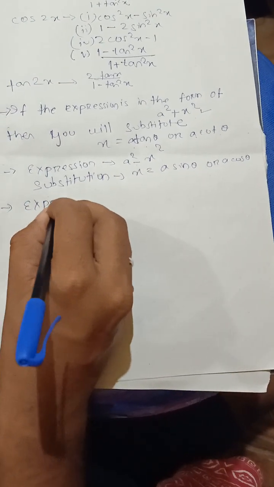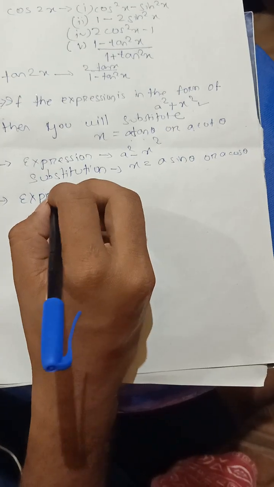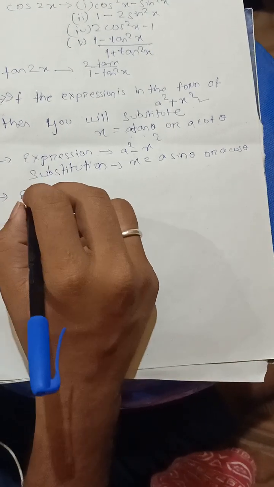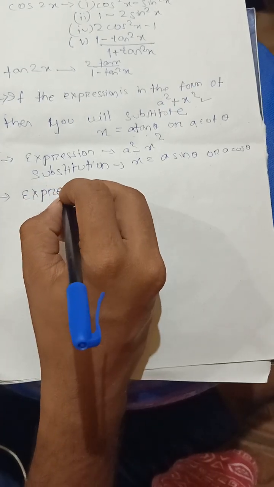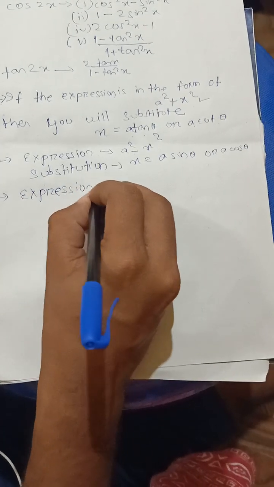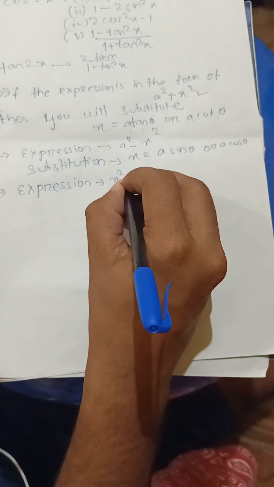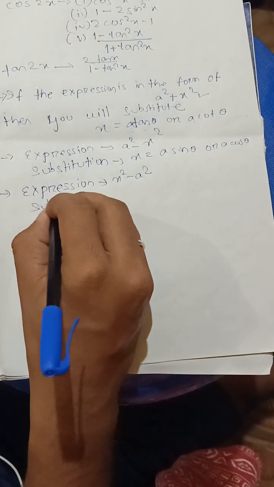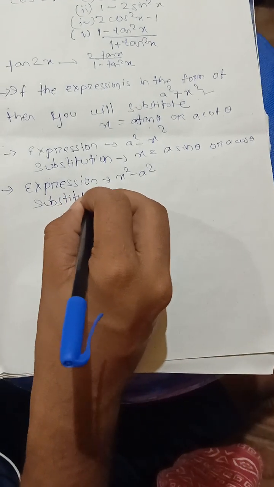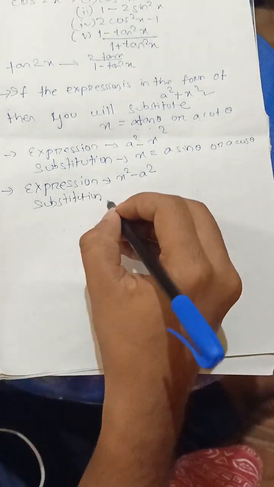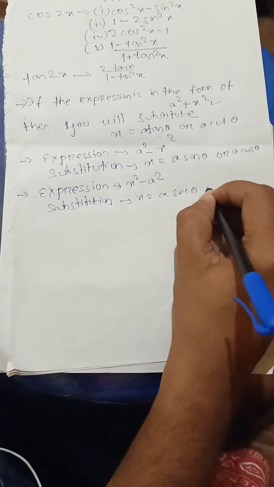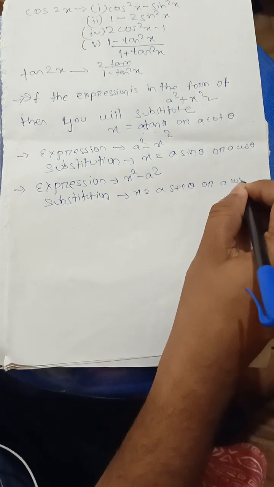Don't worry, I will explain all this. First you write some notes, then I will explain it. Expression x square minus a square: substitution x equals a sec theta or a cosec theta. Okay.